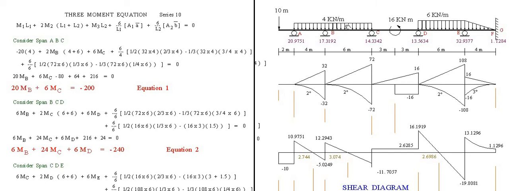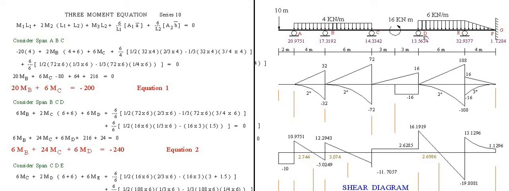The same is true with the uniform load. It is going down, parabolic. The total load is 4 times 6 is 24, times 3. The centroid of 6 is 3. It is minus 72 also.